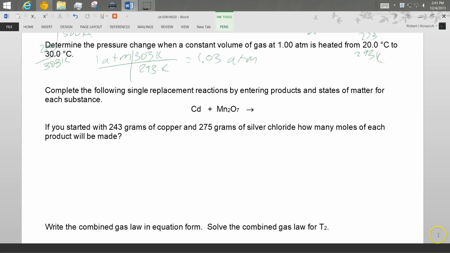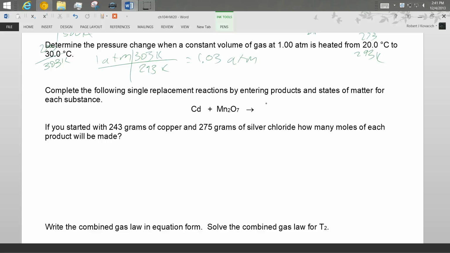So when I hop that over there, which version of cadmium did you guys pick? 7? Is that right? Oh, it's cadmium.